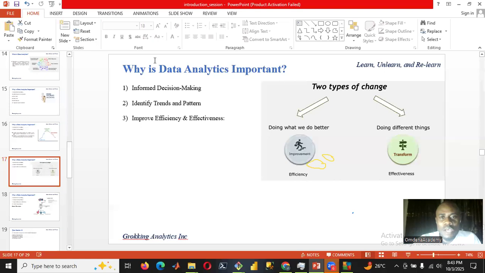Then we also have effectiveness, to do things differently. Now, this is where data comes in. It helps you to do it better. It helps you to do things differently. Now, as easy as this may sound, when it's time for you to apply it, that's when you know that it's not that easy.